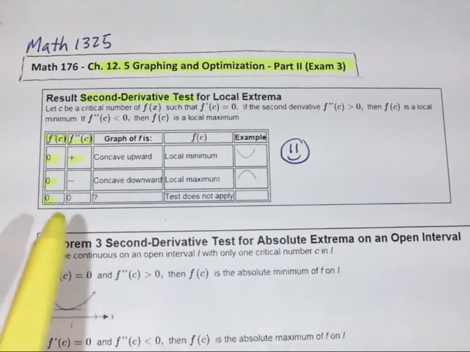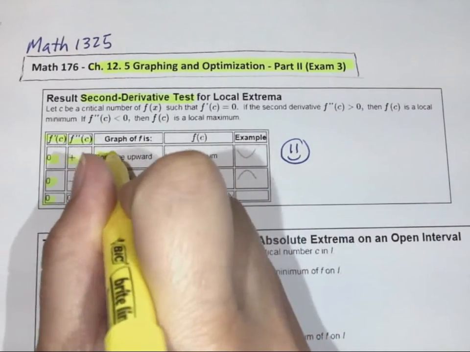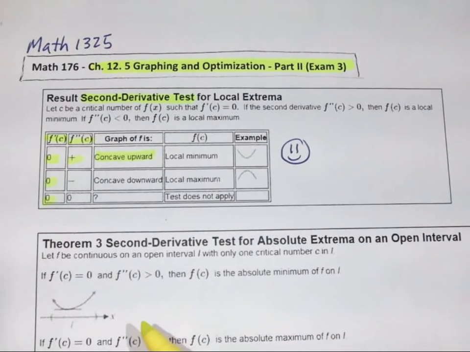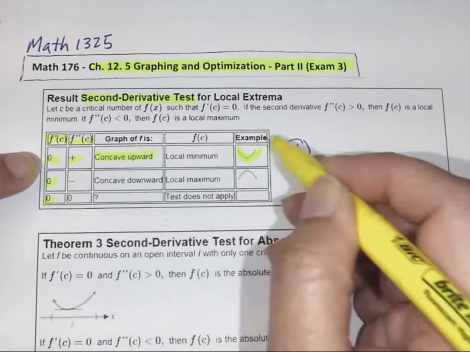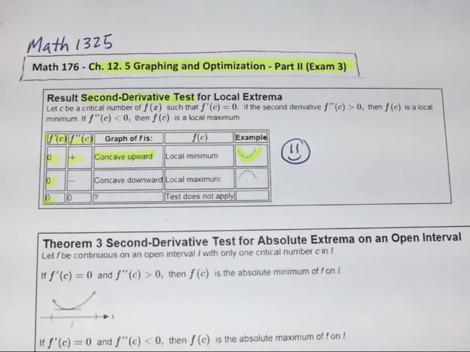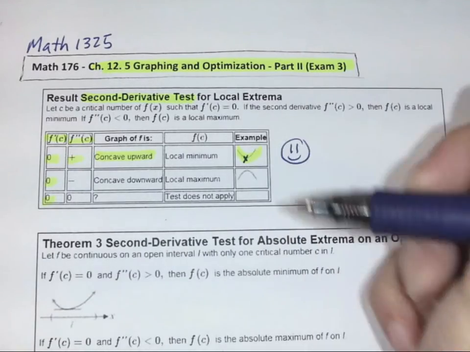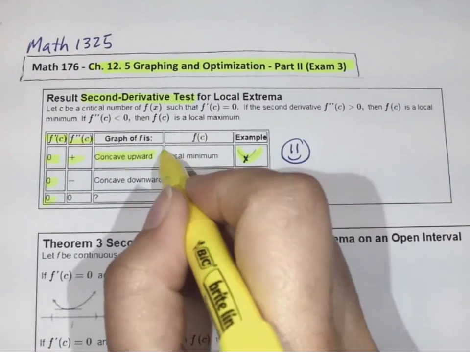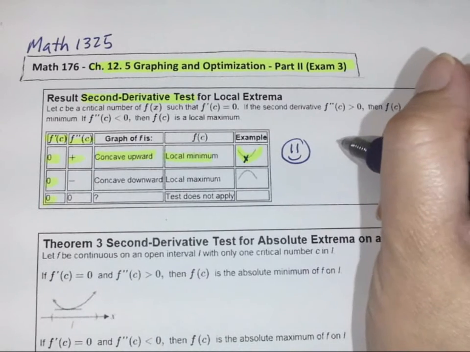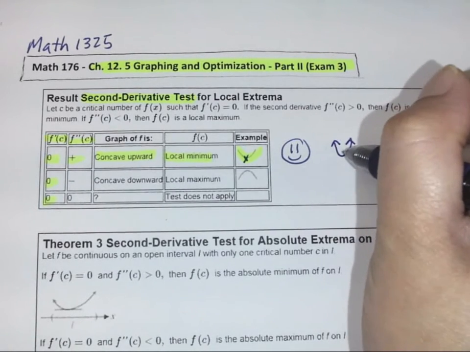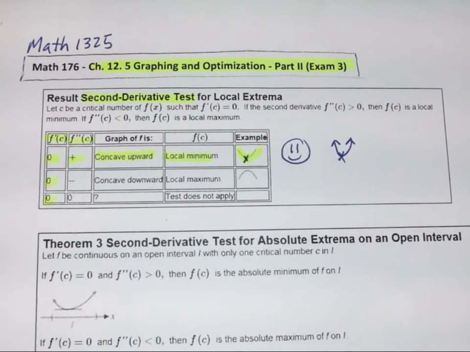So you're going to have a concave up graph. Because at this point it's supposed to be a critical value, it implies you're going to have a local minimum point, because that would be the lowest point of the graph, right?